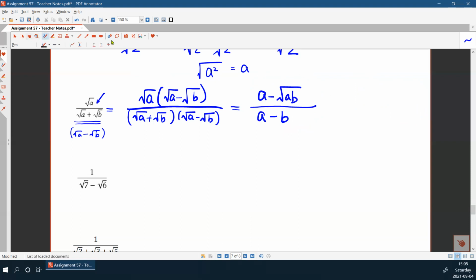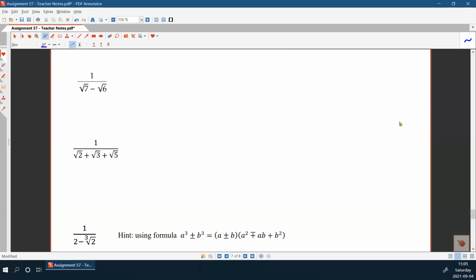All right, next one. So this time we can multiply by square root of 7 plus square root of 6 to both the denominator and numerator, right? Okay.